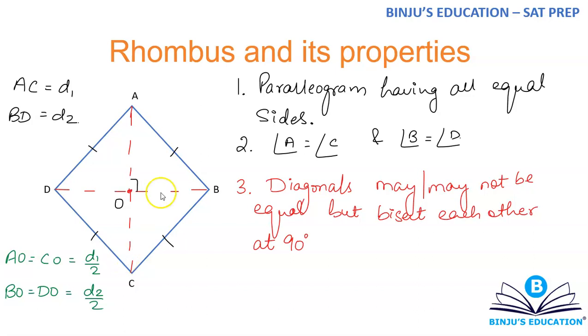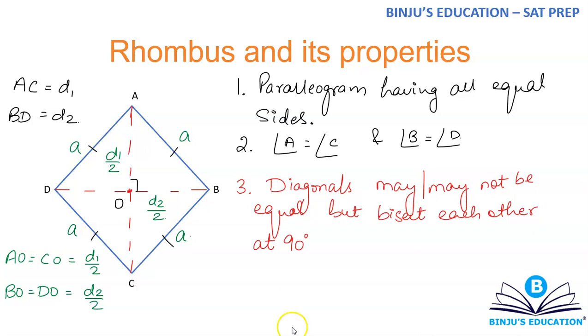So you can write it here also. Now I told you that a rhombus is a parallelogram having all sides equal, so let's take the sides to be A units. If you use the Pythagoras theorem in any of the four small triangles, I'm going to use it in AOB. You can use it in AOD, COD, COB.